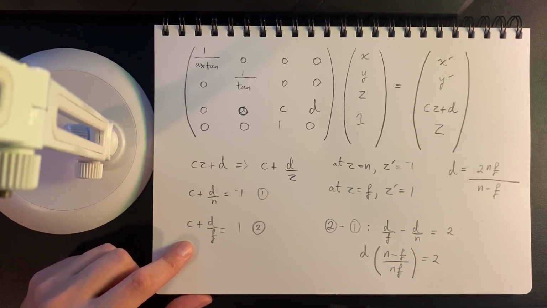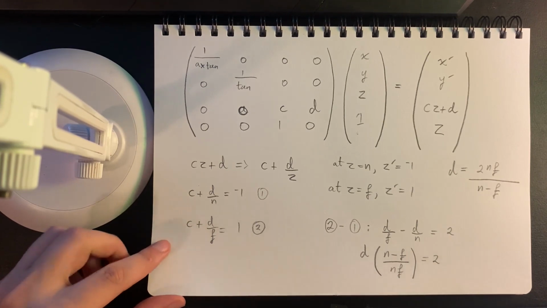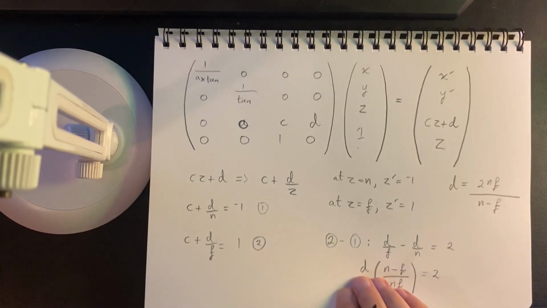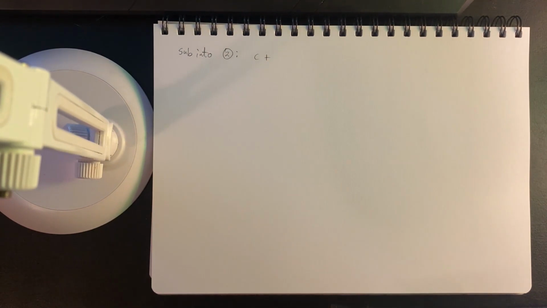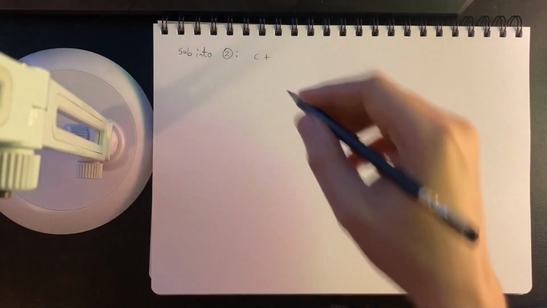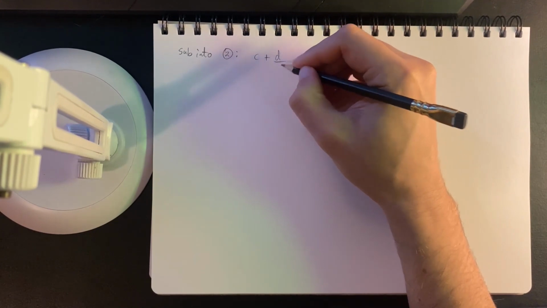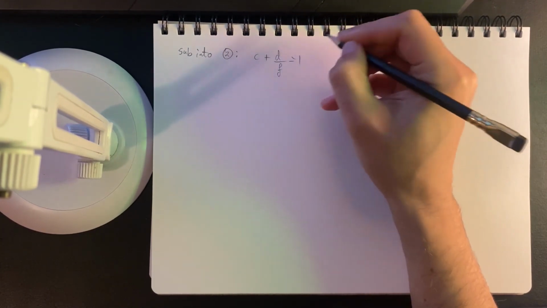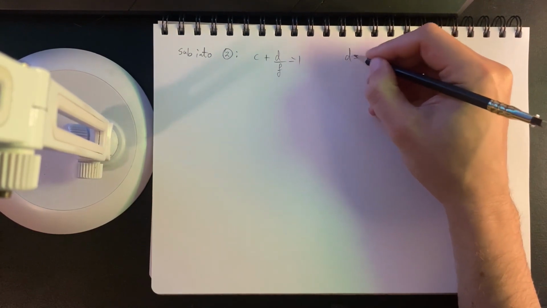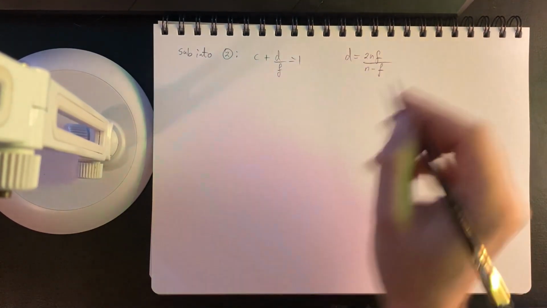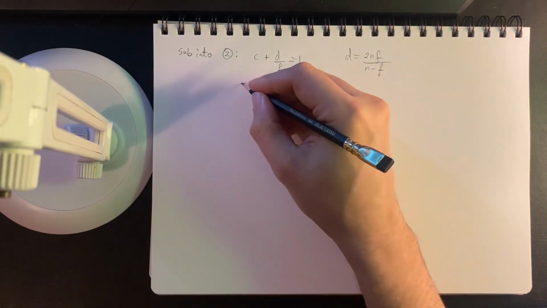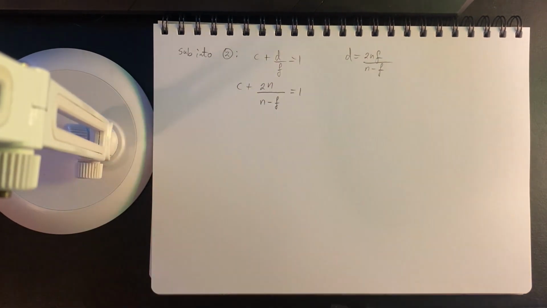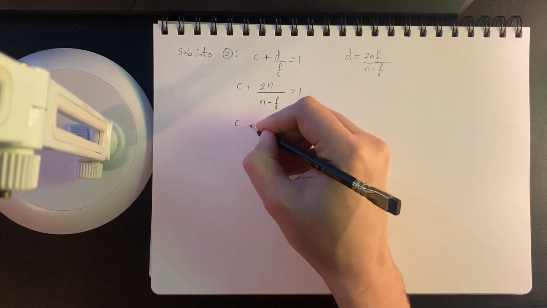And now what I want to do is sub that into one of the other equations. Okay, so what was equation 2 again? It was C plus D on far equals 1. Okay, and we have that D is equal to, okay, put that in. Basically divide D by F, and that gives us, and now we'll just go ahead and solve.